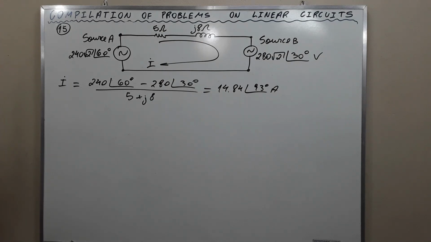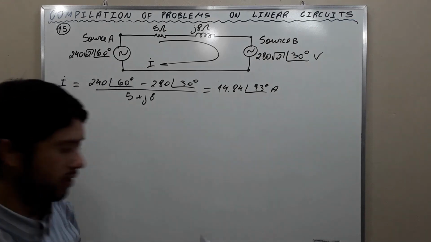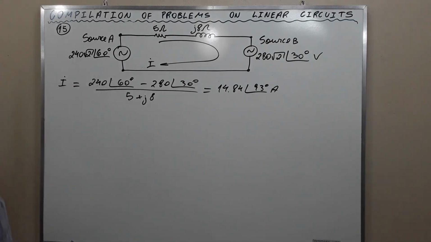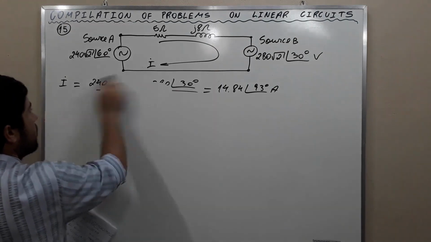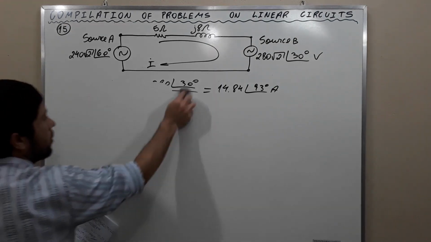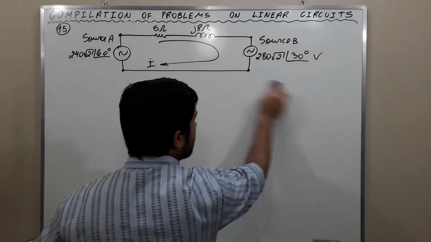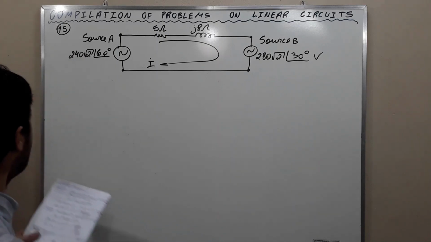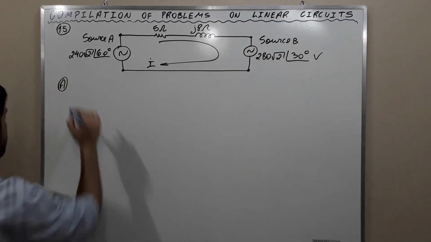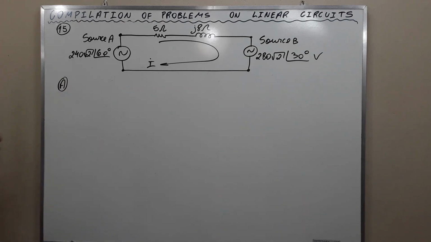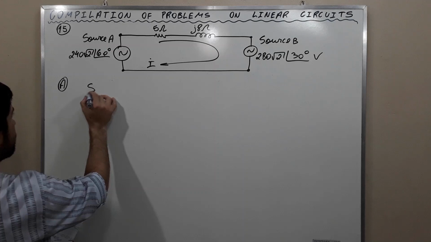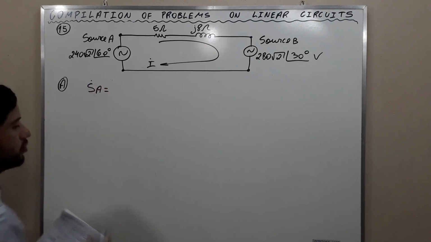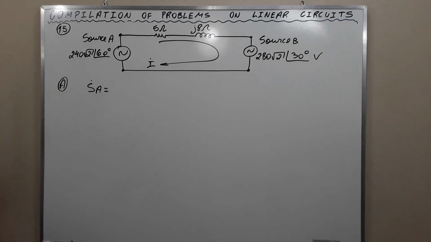Okay, now let's calculate the powers. The exercise wanted us to calculate the powers. Let's calculate for source A first. The complex power of source A, with a dot on top.